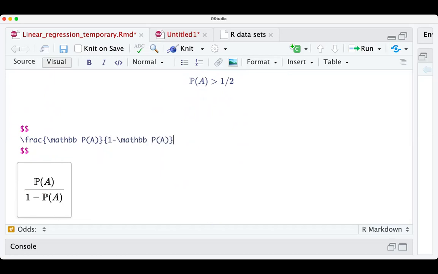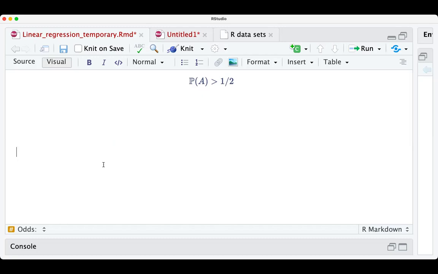If this is equal to 2 divided by 1, it means that A will happen twice as likely as its complementary. So this is why they're usually put in this form.